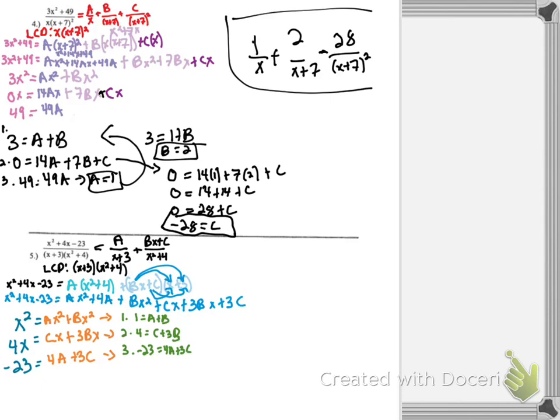So we're going to have to create something to help with that. So using equation 1 and equation 2, we take negative 3 times equation 1, and equation 2.